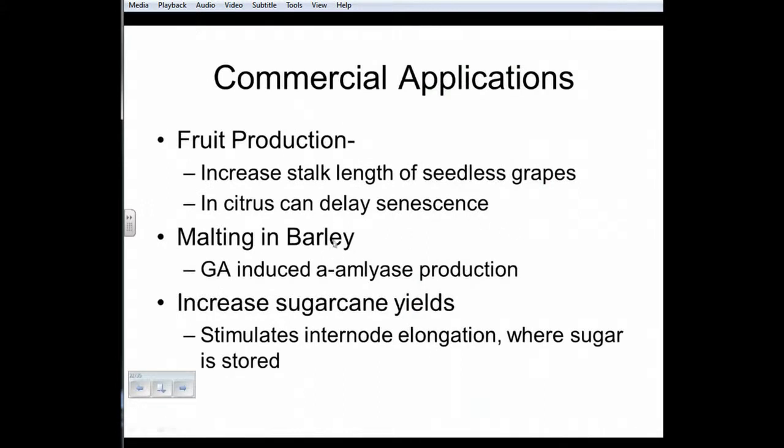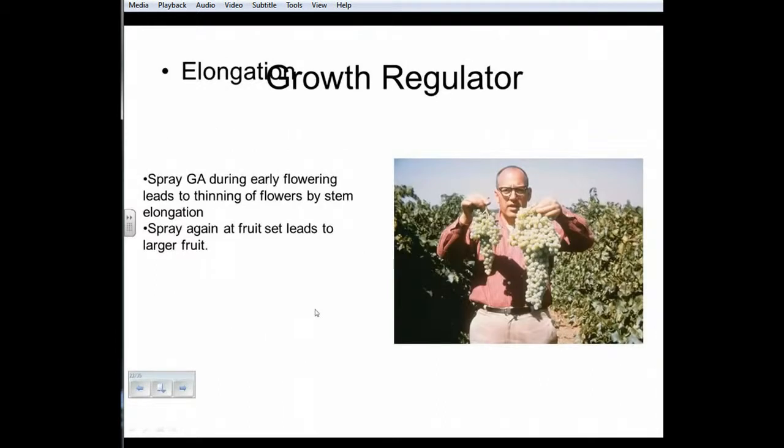Malting barley, fruit increase, increased sugarcane yield. Thompson seedless grapes can be made this way. You can tell which one has been sprayed with gibberellic acid. What they do for grape production is spray the gibberellic acid, which causes the stems to elongate, so they have more space to grow.